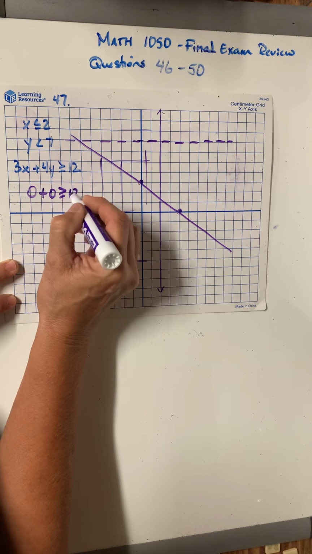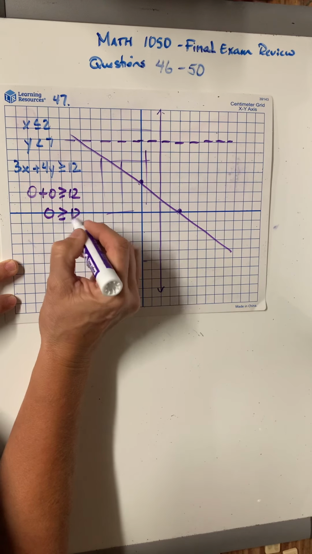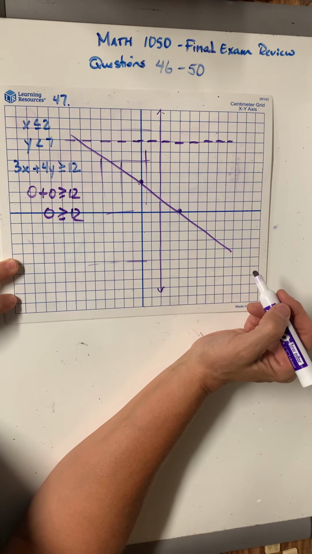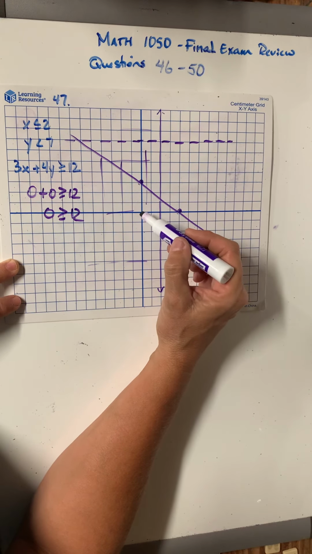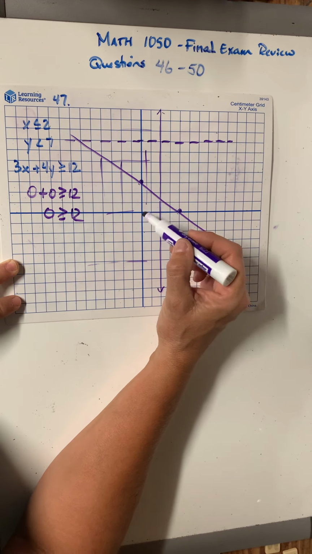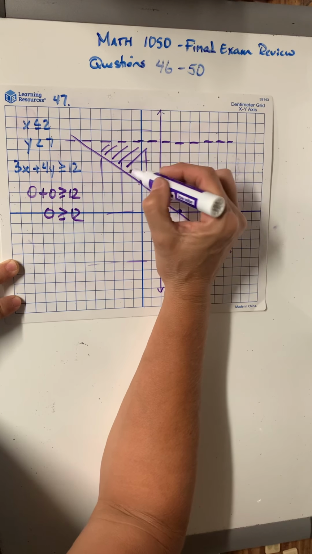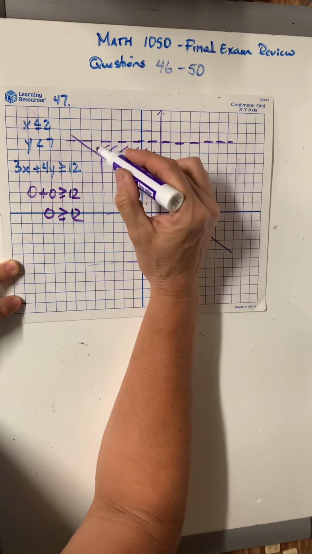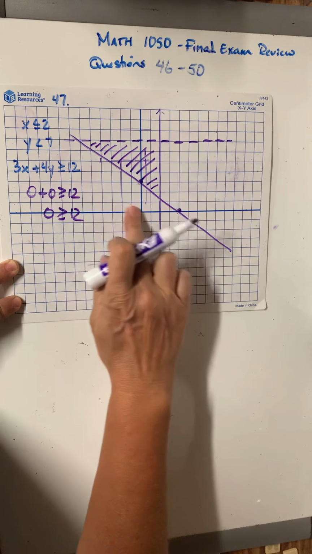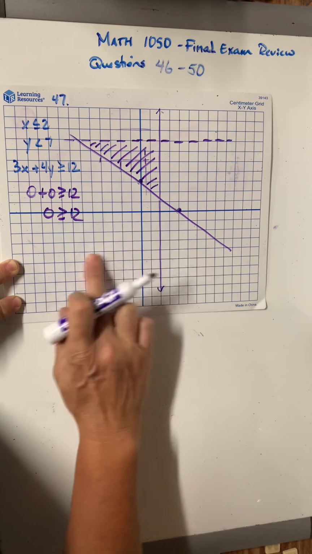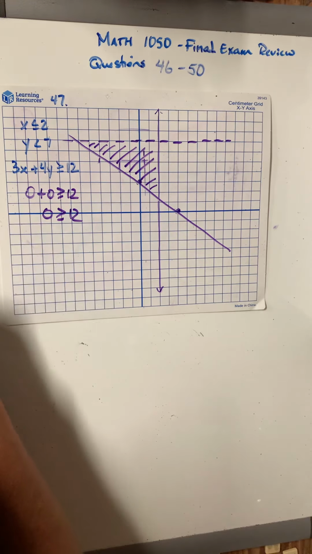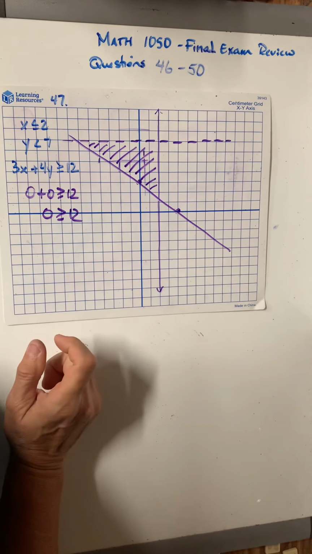And I ask myself if that's a true statement. And then the answer is no. 0 is not greater than or equal to 12. Therefore, 0, 0 is not in the solution side. So it has to be the other side that is the solution side. So what I'm going to shade then is just this little triangle and not any of this other stuff. And that is the solution to that problem.